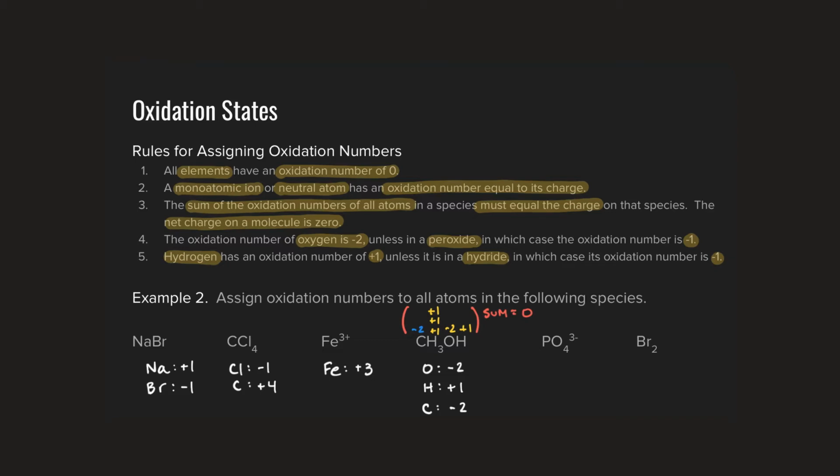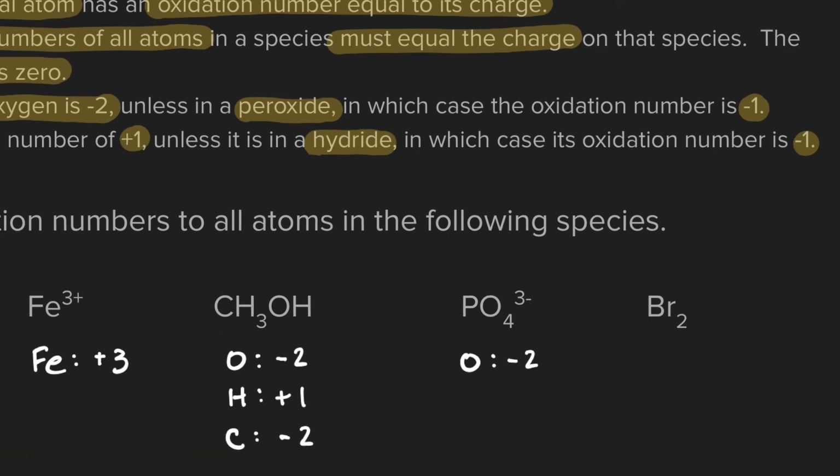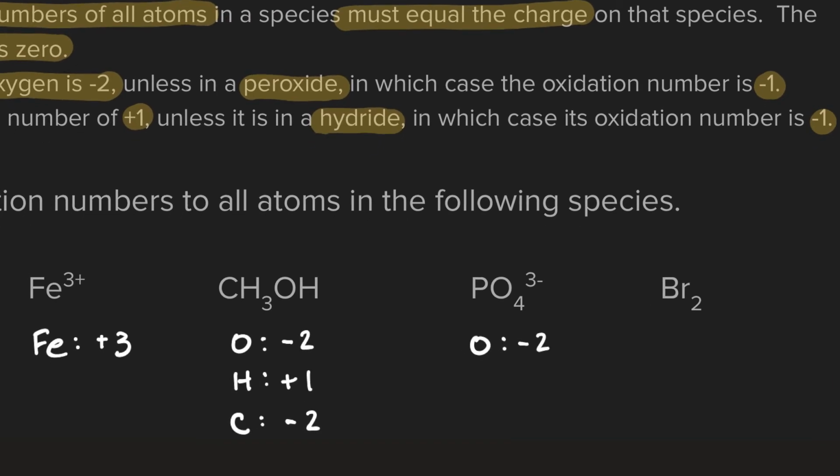Let's have a look now at our next one, which is PO4 3-, the phosphate anion. This is, again, a polyatomic anion, which means we're starting here with rule number 3, which says the sum of all the oxidation numbers of the species here must equal the charge overall on my ion, which is -3. And as such, we'll go ahead and next look at rule number 4. I've got oxygen again here, which means the oxygen is in a -2 oxidation state, because this is, again, not a peroxide.